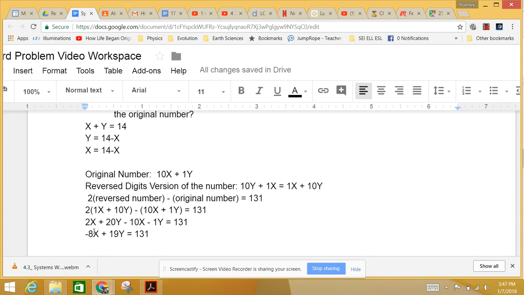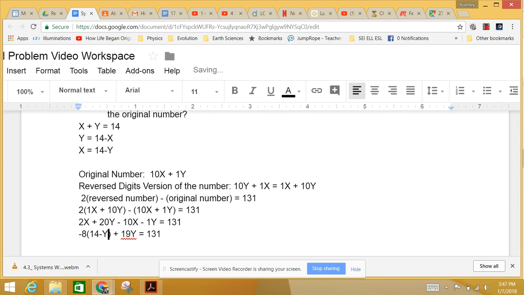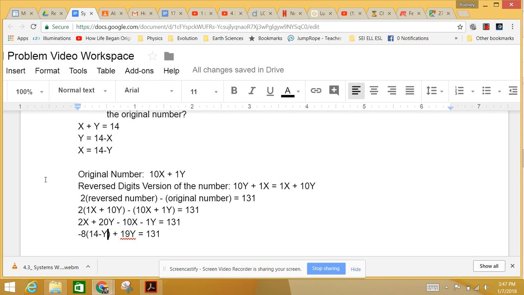So I'm going to replace x with the expression for x, which is 14 minus y. And some of you probably noticed I had a typo. I have just fixed it. So now I've got an equation that's all in one variable, and one variable we can solve for.